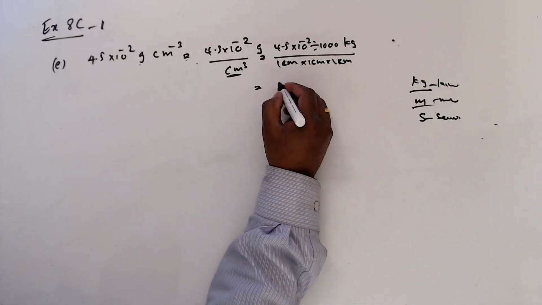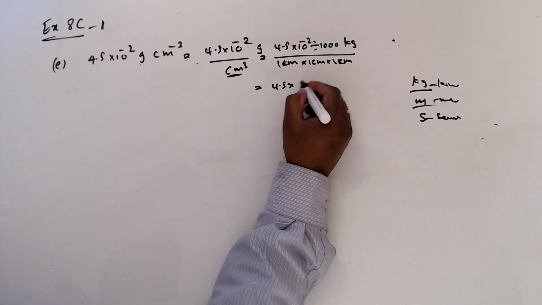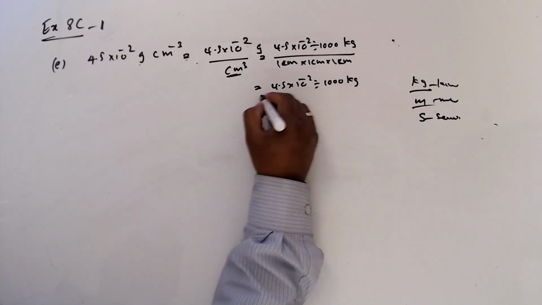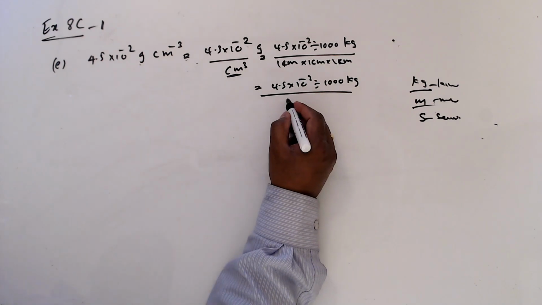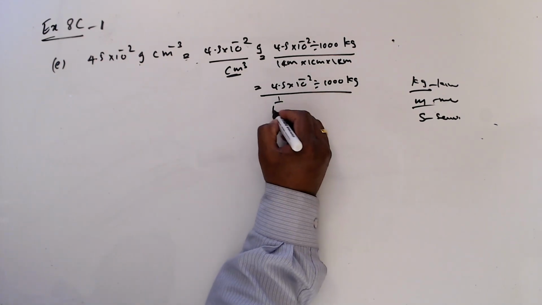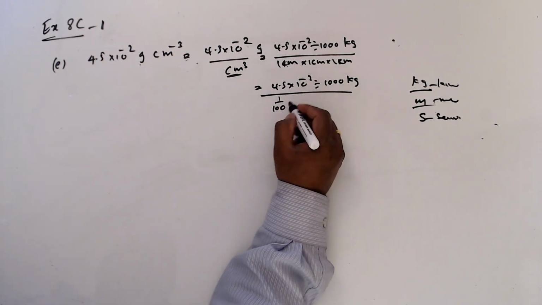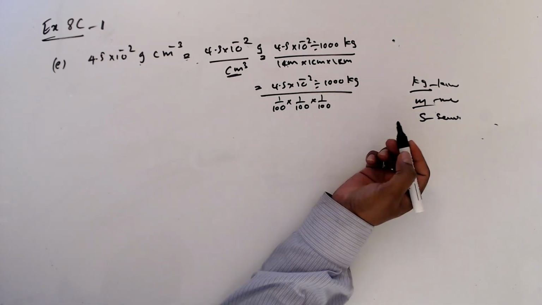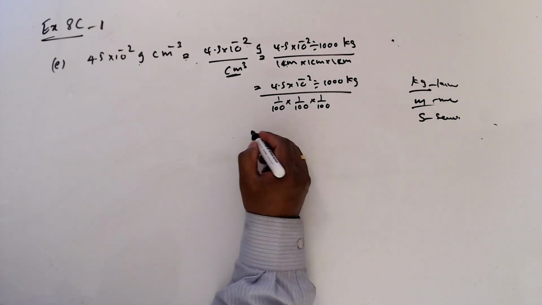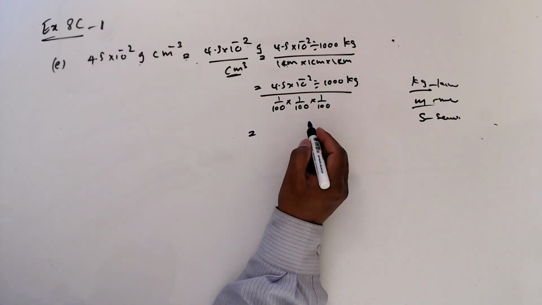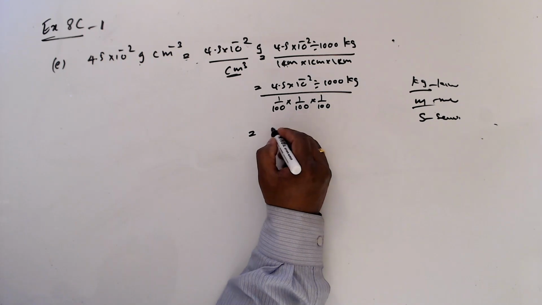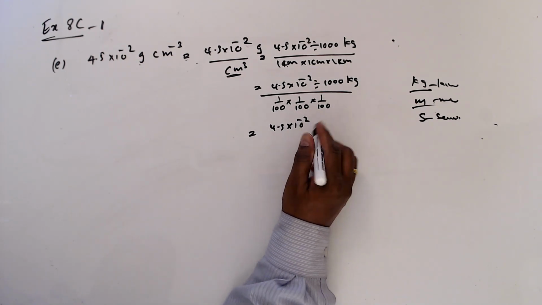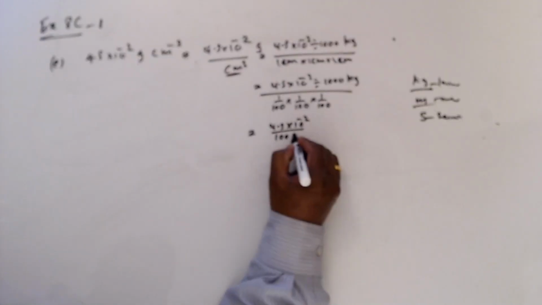So this is 4.5 10 to the power minus 2 divided by 1000 kg. So this is going to be 1 divided by 100, because centimeter, that's how we make it. 1 divided by 100, 1 divided by 100. So this is going to be 4.5 10 to the power minus 2 divided by 1000.